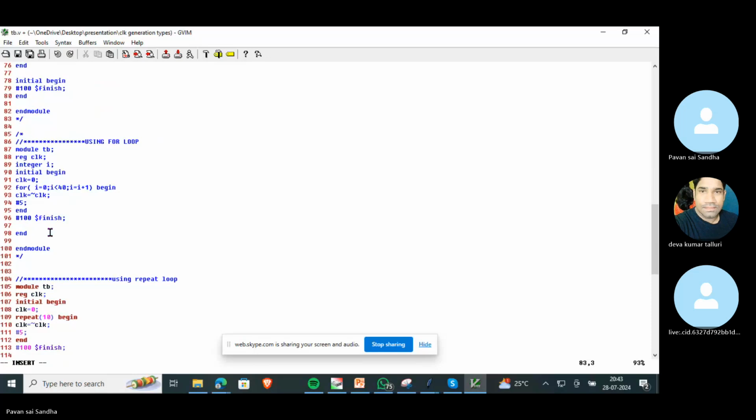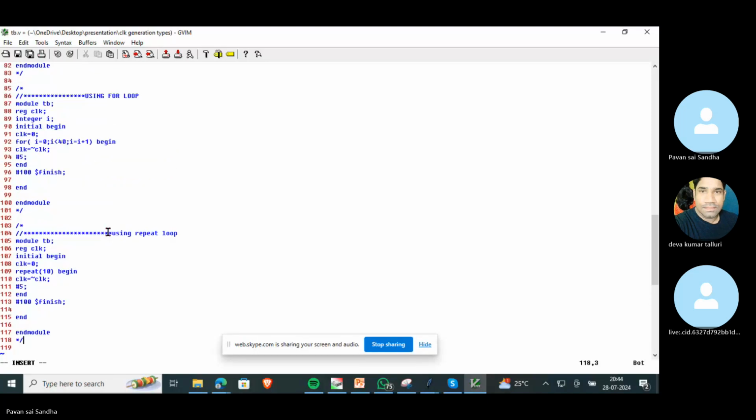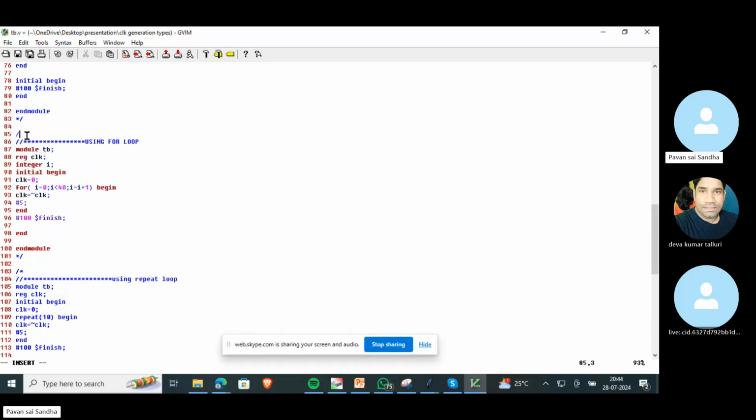This is a for loop. In the for loop, why we are calling this manual is because here we have to give the number of iterations, so we have to call it manual.